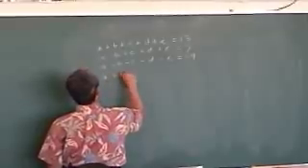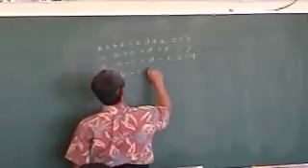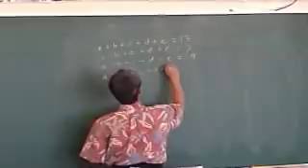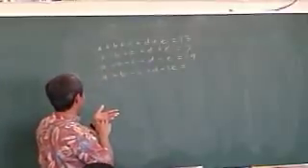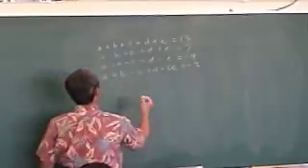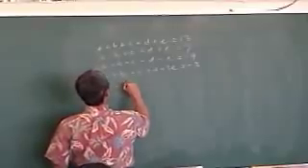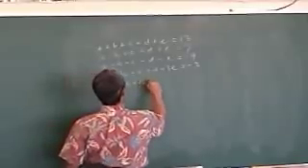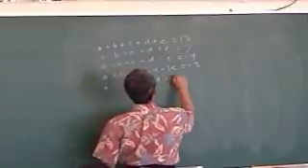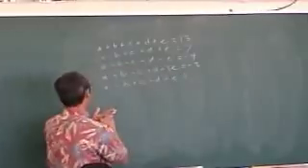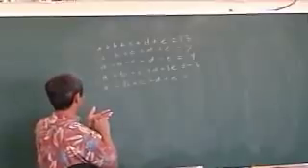A plus B minus C plus D minus 3E equals -3. I want to make the answer come out nice, that's why. And then A minus B plus 2C minus D plus E equals 11.